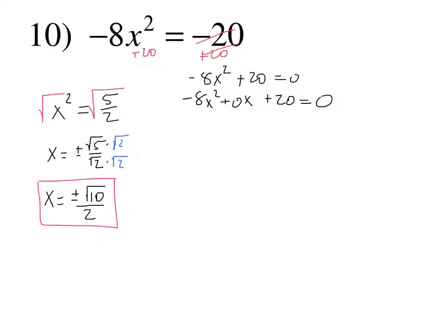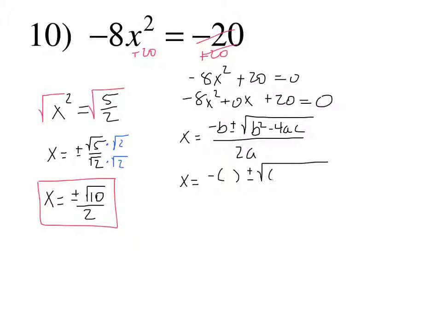So let's go ahead and work this out. x equals negative b plus and minus the square root of b squared minus 4ac over 2a. Put in your parentheses for your substitution.